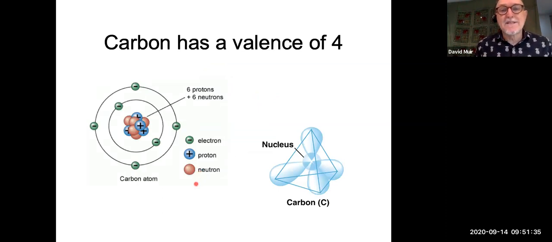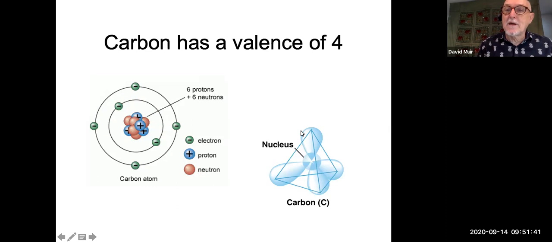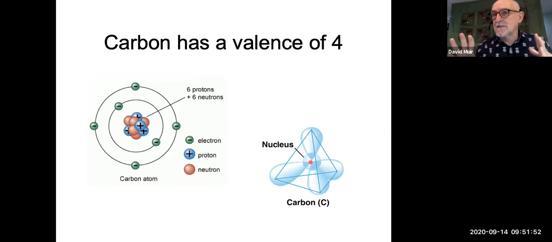Its atomic number is 6, so it has 2 electrons in the inner shell, 4 in the outer shell. And this is the way that those electrons are disposed in space in their electron clouds. The electron clouds form that tetrahedron, and that is going to form the basis of the physical structure of molecules, of compounds which the carbon atom participates in.